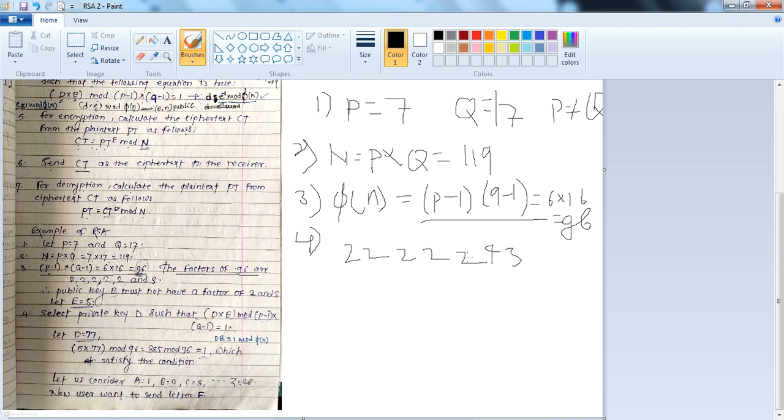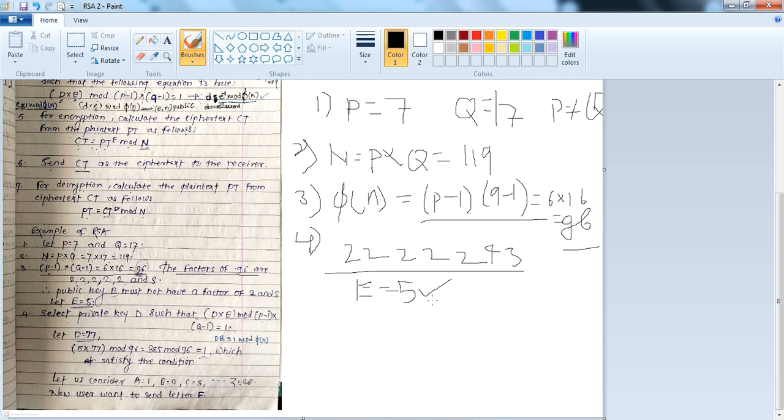If we multiply 2 into 2, 4, 4 into 2 is 8, and so on, then it's 96. That's why these are the factors of phi of n. Then the fourth step says to select the public key, which is not a factor of phi of n. The factors of phi of n are 2 and 3. That's why we select 5.